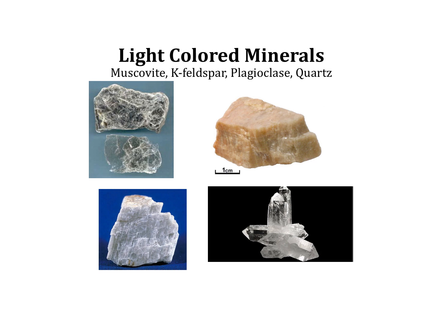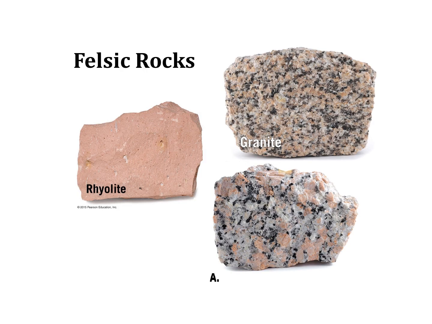These are those light-colored minerals. Muscovite here, potassium feldspar, plagioclase feldspar, and quartz. Notice this distinctive pink color again. When you look at rocks that contain these minerals, you see that pink color showing up.